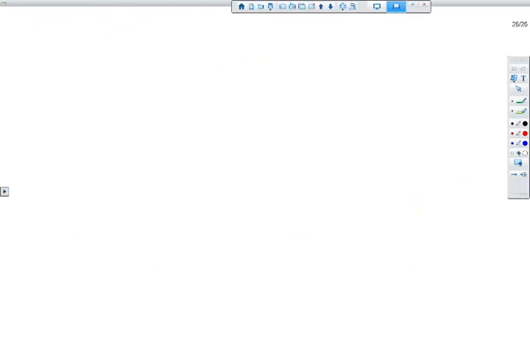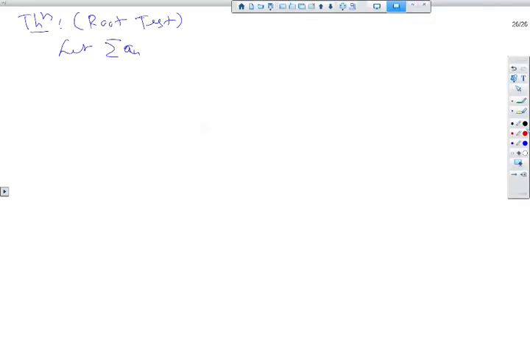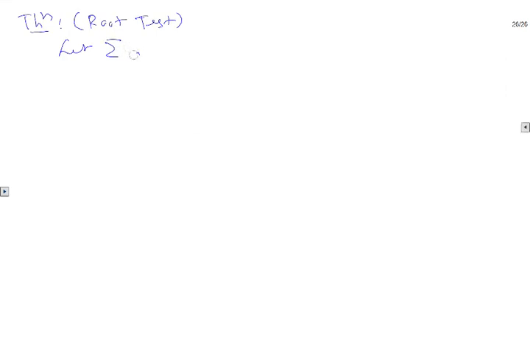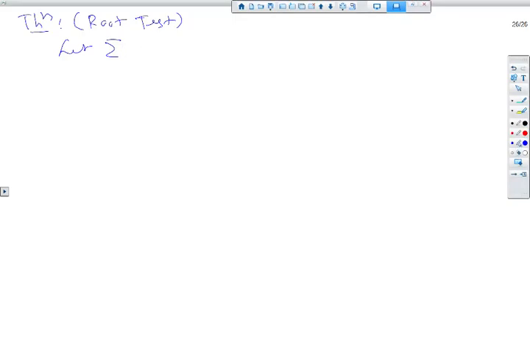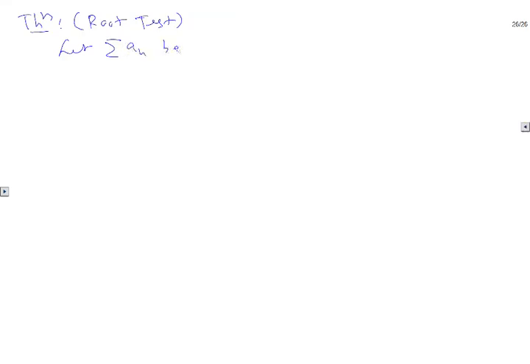That's the root test. So, theorem, root test. So what is the root test about? Let's write it. Let sigma a_n be a series, then as before there are three cases.